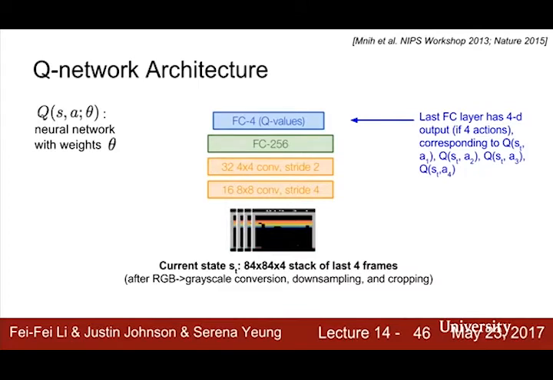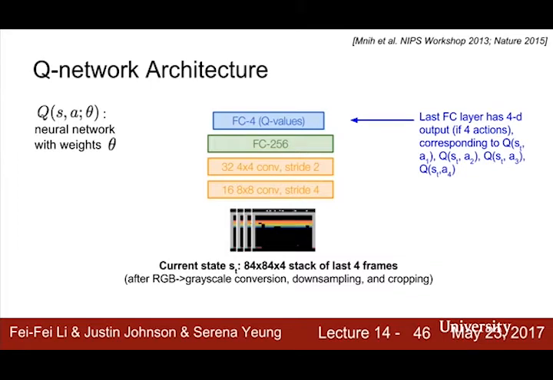Okay, so we have our input to this network, and on top of this, we're going to have a couple of familiar convolutional layers and a fully connected layer. Here we have 8 by 8 convolutions, and some 4 by 4 convolutions. Then we have an FC256 layer, so this is just a standard kind of network that you've seen before. Finally, our last fully connected layer has a vector of outputs corresponding to the Q value for each action, given the state that you've input.